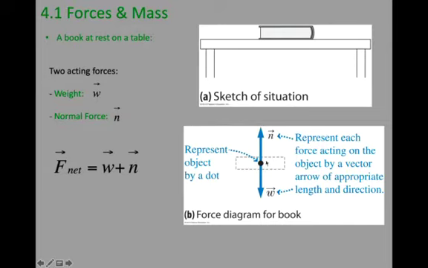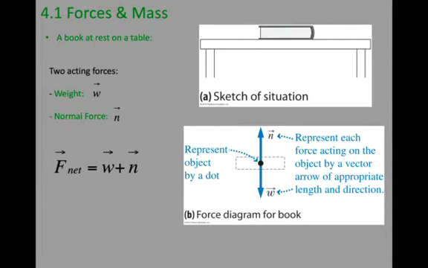But in this case, what is F net? You have to ask a question: is the book moving? It's not moving in this case. So if it's not moving, then F net, which is W plus N, is also equal to the mass times the acceleration, if you remember. And in this case the acceleration is 0 because the book is not moving.